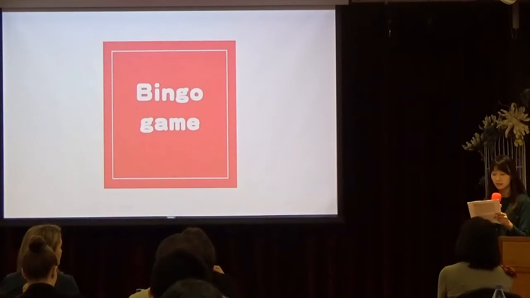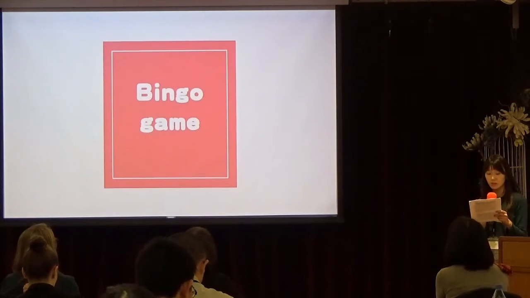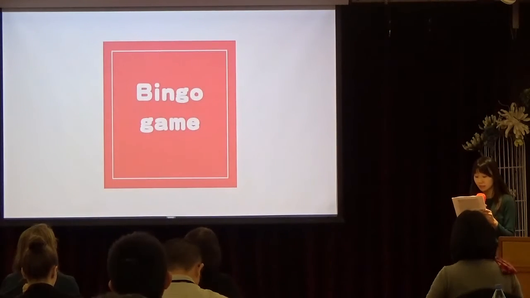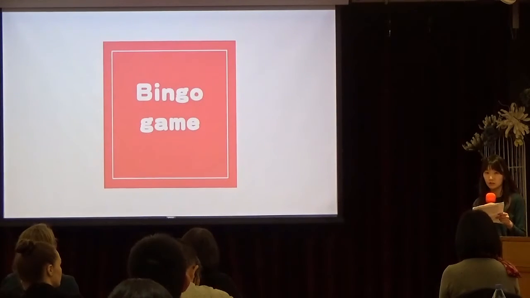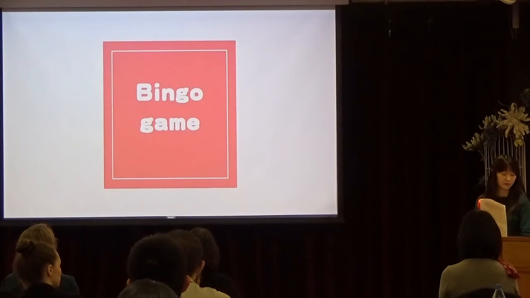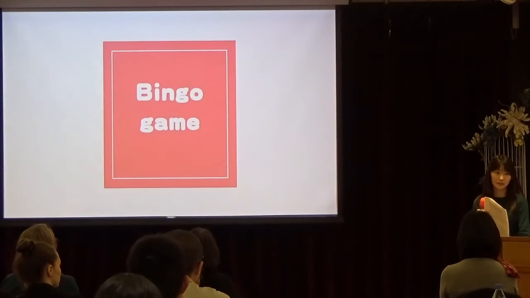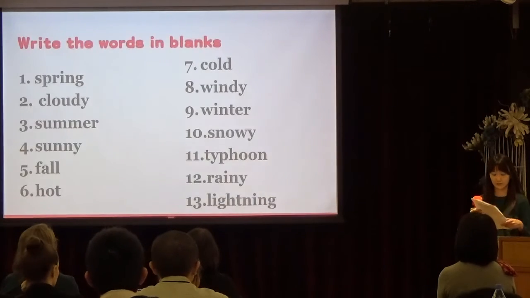Students write down the words in the bingo columns. When Leah says a sentence, students need to listen to the keywords and circle their words on the bingo board, to see who gets the best lines.